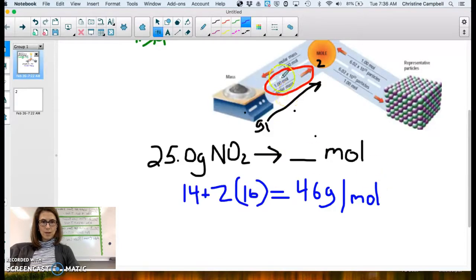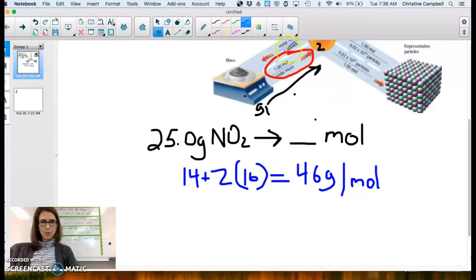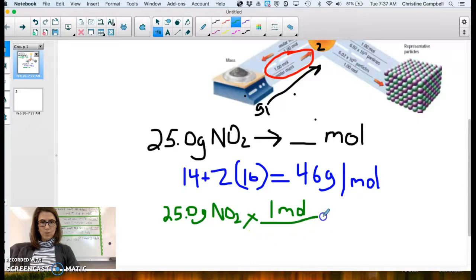So we're going to set up our conversion factor according to the arrow that we're following. So we're going to start with our 25 grams of NO2, times 1 mole over 46 grams.